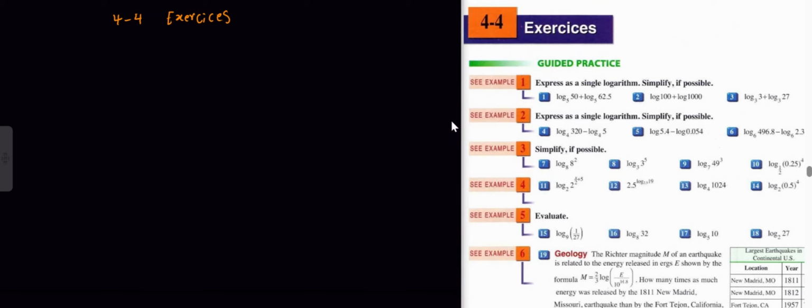Let's go to example 2. Example 2, exercise 4, 5, and 6. Let's solve 6 because I think it is the hardest one. Let us solve it. The bases are the same and we have minus here, so we divide these two numbers.